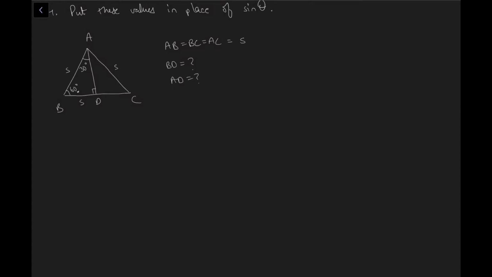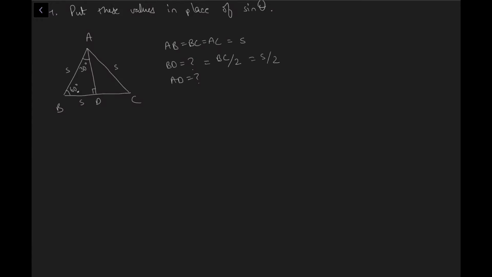So now we know that BD is actually just half of BC because that's the property of equilateral triangles. When you draw a perpendicular from any point, it also bisects the opposite line to that point. So BD is just BC divided by 2, or we can say S by 2.